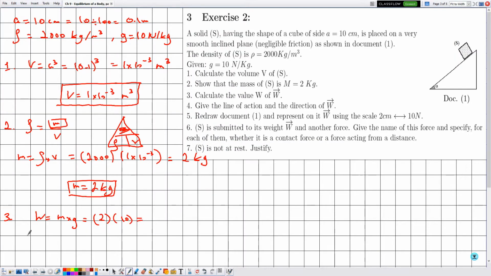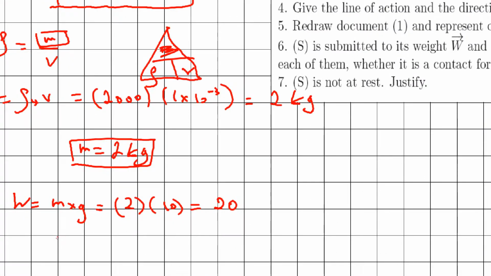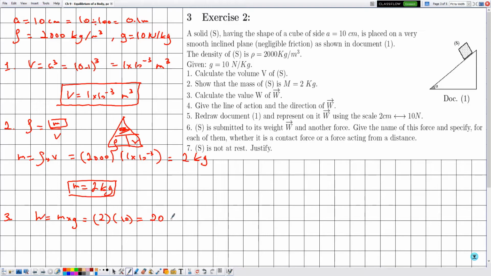Plugging this on the calculator, the value of W is given by 20. Since both m and g are expressed in the SI, the value of W will be in newtons. You can check that: 2 is kilograms and this is newton per kilogram. Notice that kilogram cancels out with kilogram, so this is given in newtons. So the weight is given by 20 newtons.